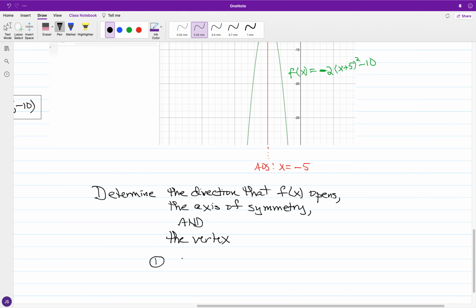Okay, so we have the first one, f of x is equal to 3 times the square of x minus 7.